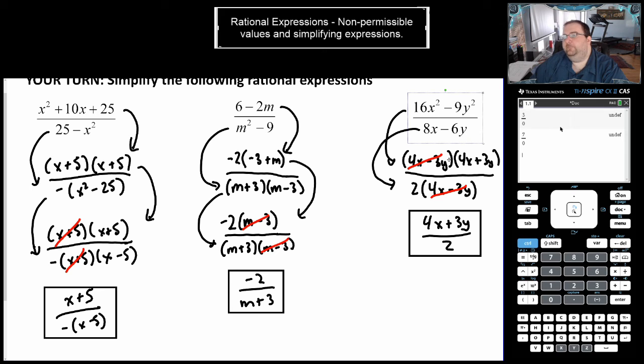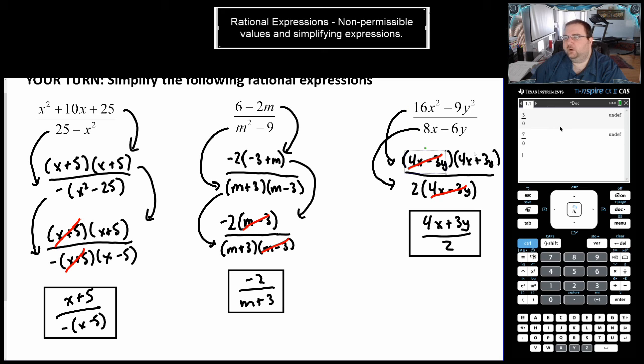On this last one, we're going to factor the top. So this one can be sometimes pretty difficult to do, but you have perfect squares here, right? So 16 is 4 times 4. -9 is, well, 3 times 3, but one of them is negative, right? And there's no middle terms, right? There's no mixture of x's and y's.